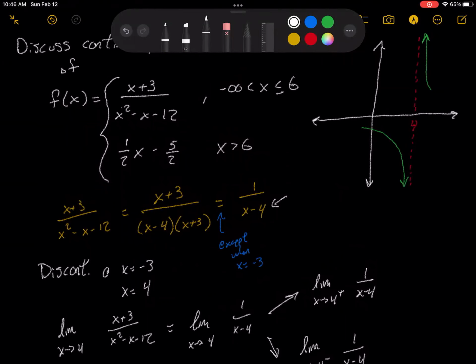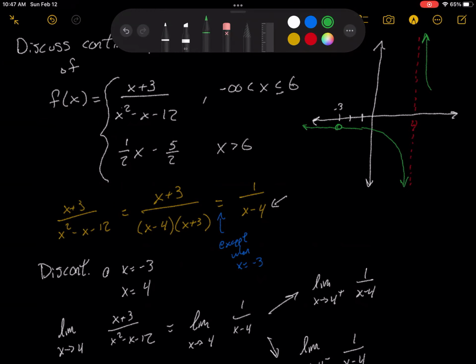So if I come over here and look at minus 1, minus 2, minus 3, my function approaches the value of minus 1/7. Right? We have an open circle there because the limit does exist, but my function does not exist there.